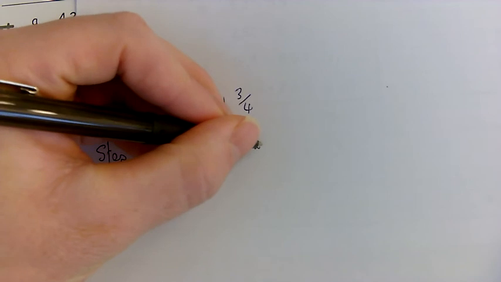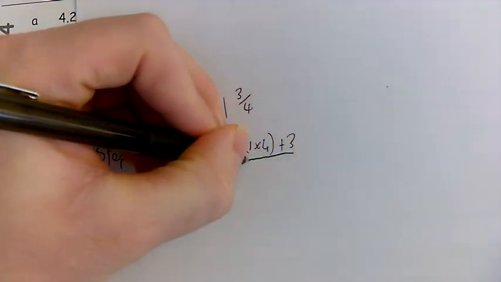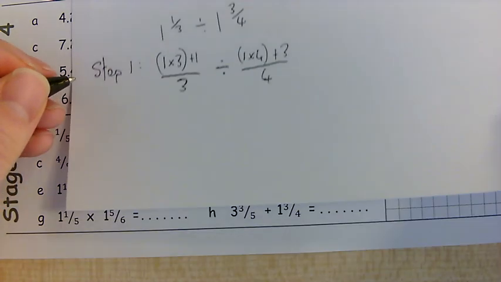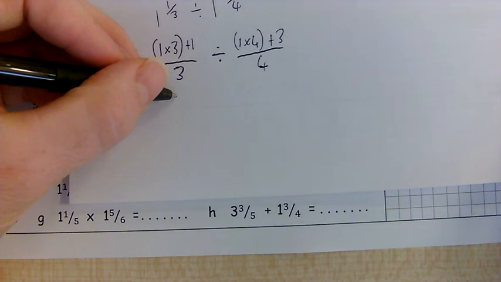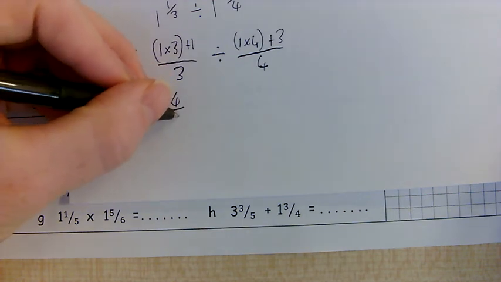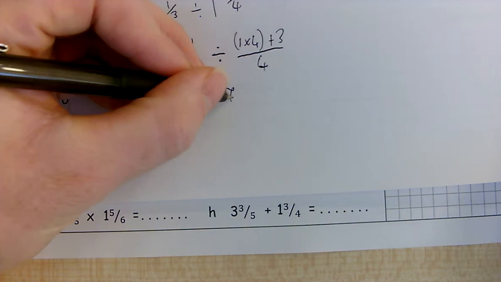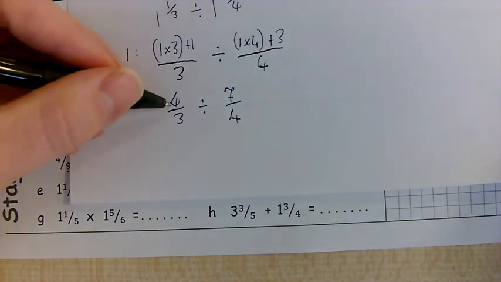So we'll do 1 times 4 plus 3, and that's over 4. So our improper fractions are 4 over 3 divided by 7 over 4. Now it's a lot easier to work with.